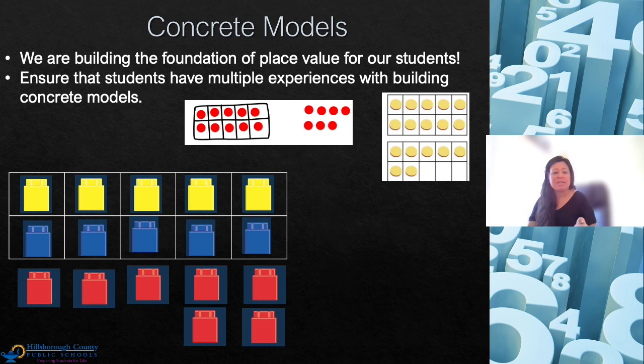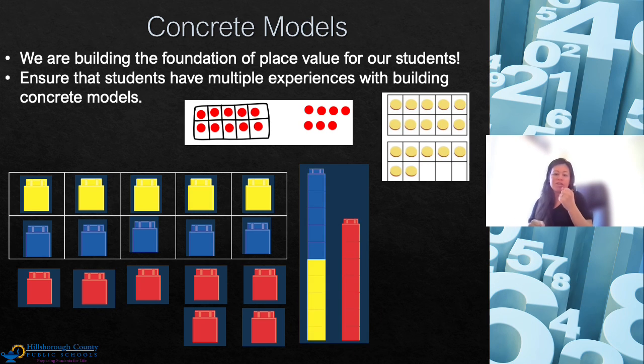So students can then start to see, here's a group of 10, the leftover ones, and then they can start to group them together when they're building. And so when they're building, I grouped it by 5, and 5. You can see the 5 yellow, the 5 blue, and then the extra ones, which is the 7 ones. So these all represent 17 in different ways.